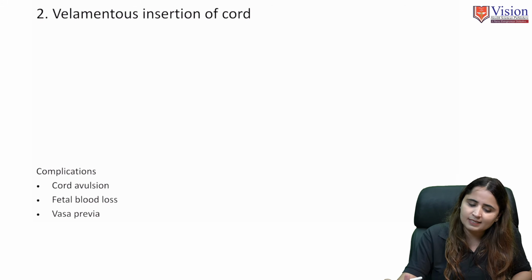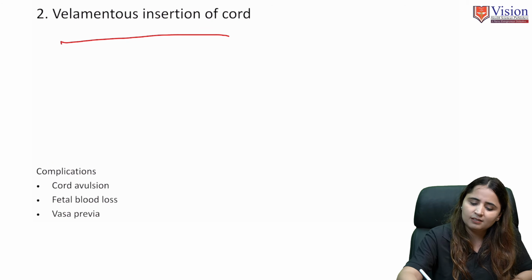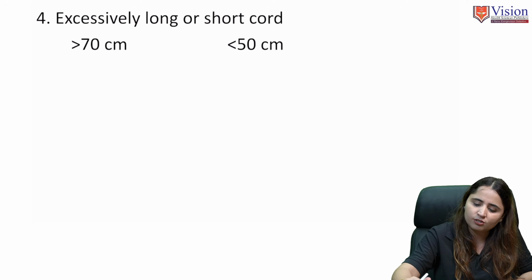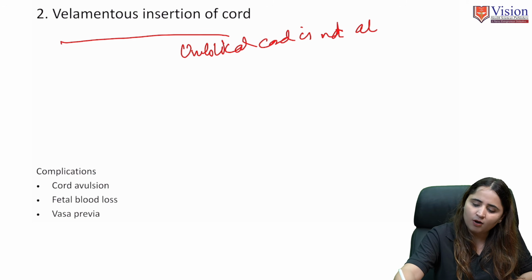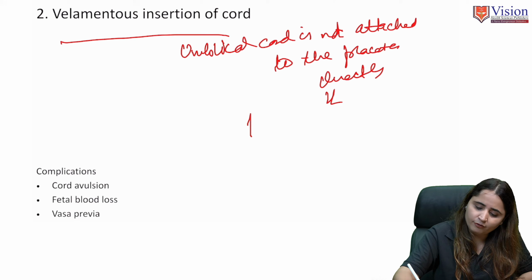And second is velamentous insertion of placenta. In the velamentous insertion, the umbilical cord is not attached to the placenta directly. First, it is attached to the membranes.